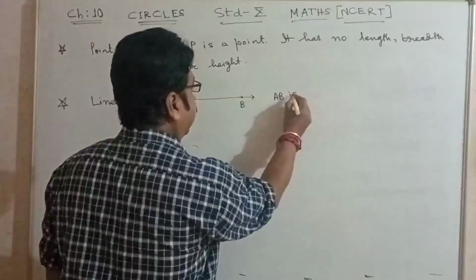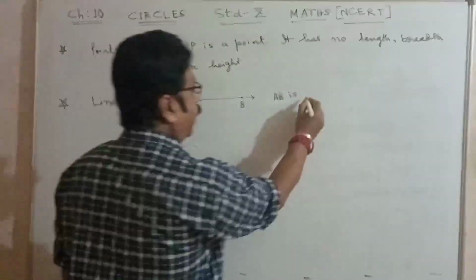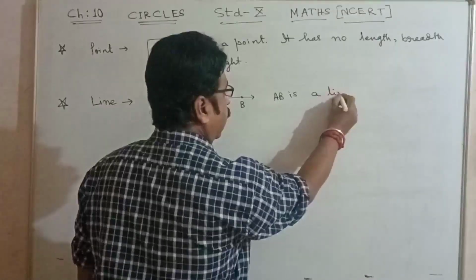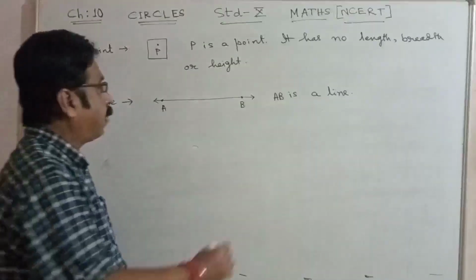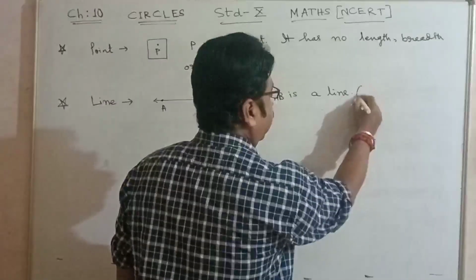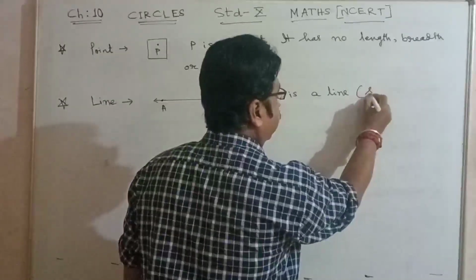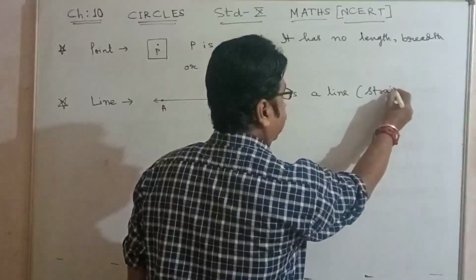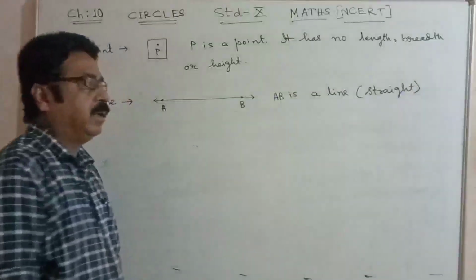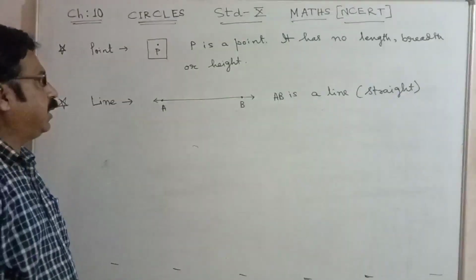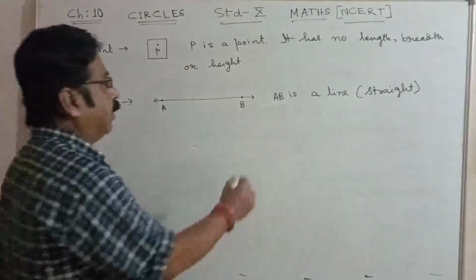AB is a line, or we can say straight line. If it does not change its direction, then it will be a straight line.